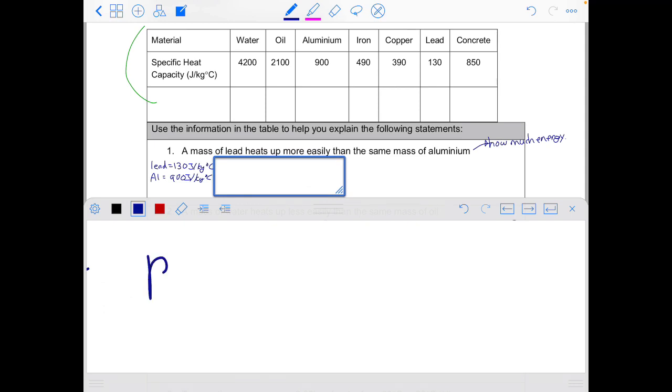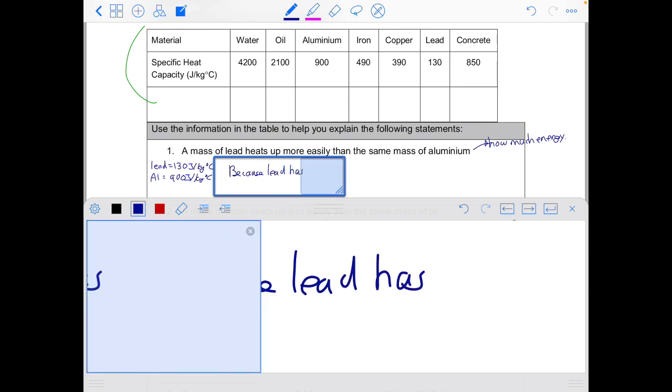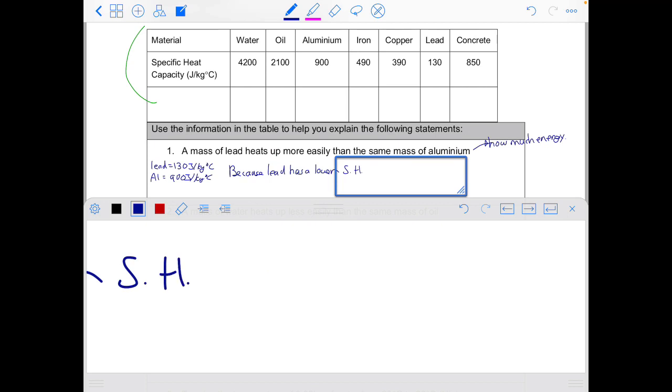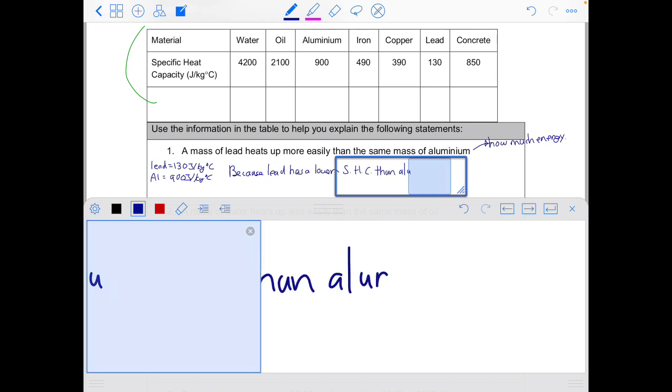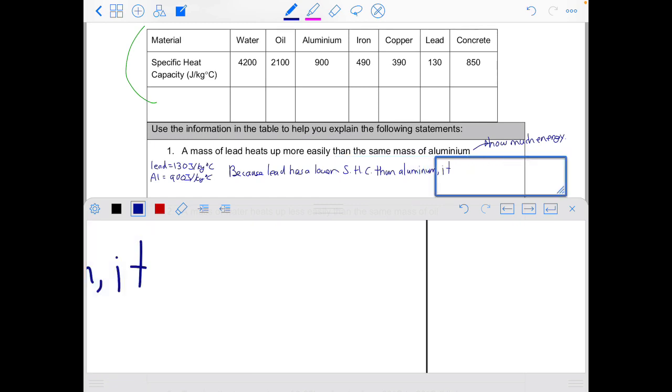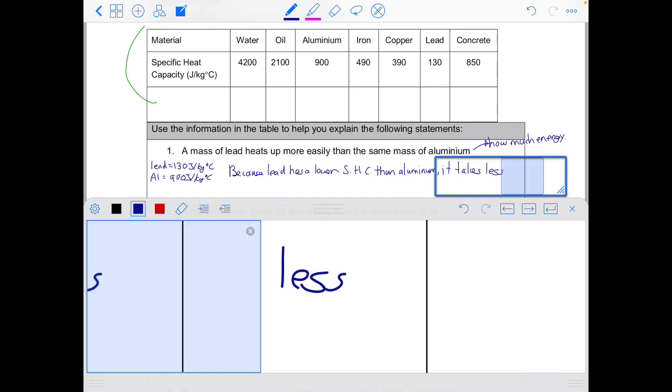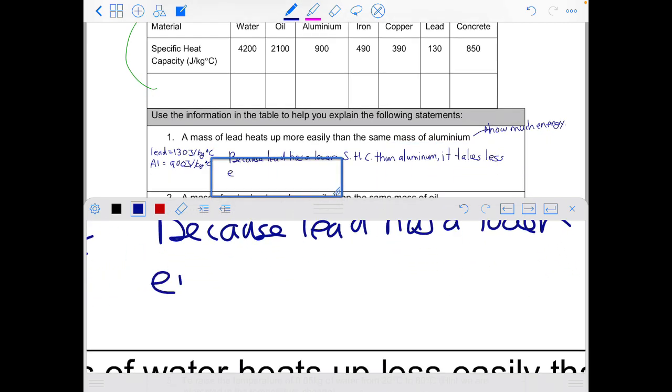So because lead has a lower specific heat capacity than aluminum, it takes less energy to heat it up.